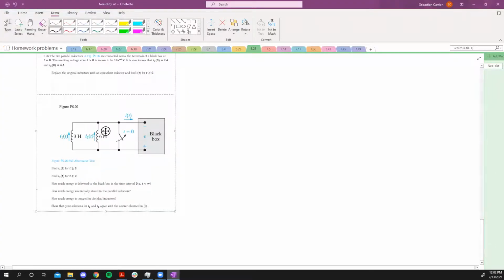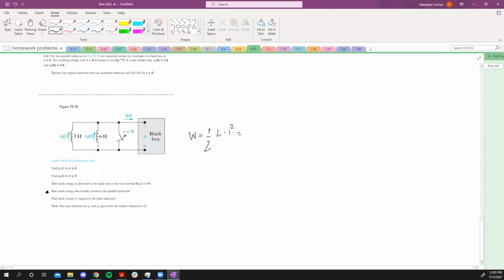Okay, so now it's asking how much energy was initially stored in the parallel inductors. We know the energy of an inductor is going to be 1/2 times inductance times current squared.